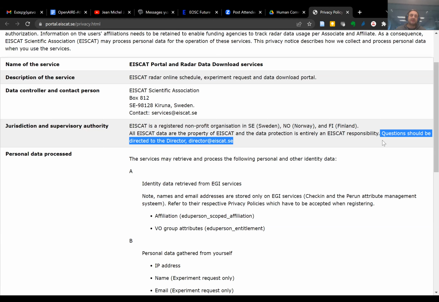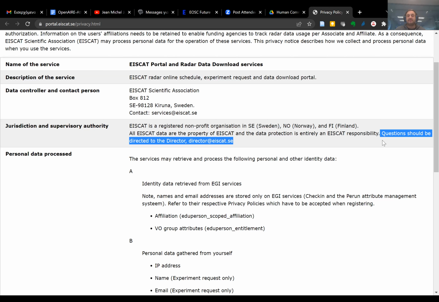Here, it's a bit confusing because I have a contact person in the data controller and contact person line, and then another one on the supervisory authority. My feeling is that the supervisory authority means what is the data protection agency in your jurisdiction. So here would be the DPA, Sweden's DPA, not the director of ASCAD itself, right? Jurisdictions, and of course you have to choose which one is the supervising authority.